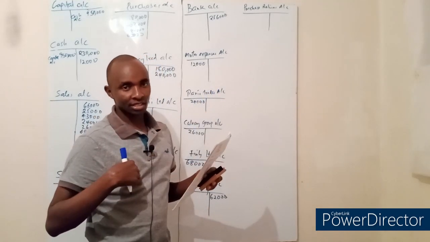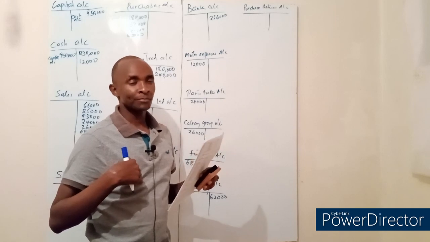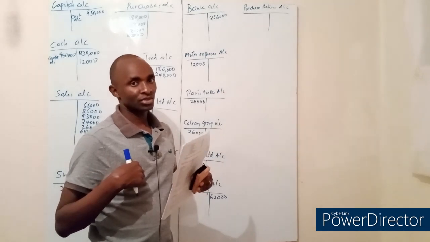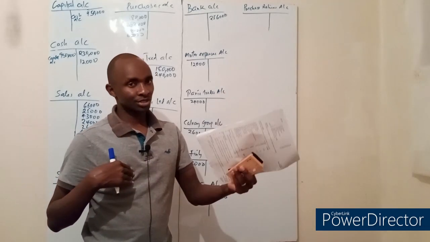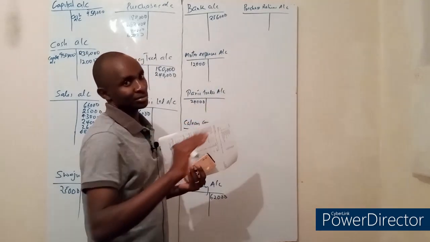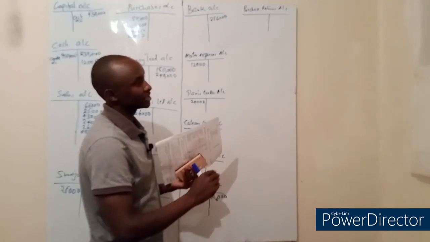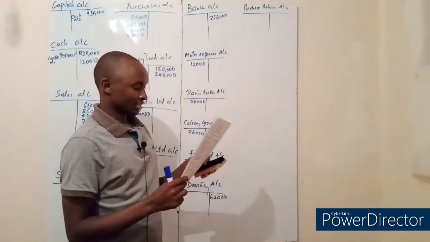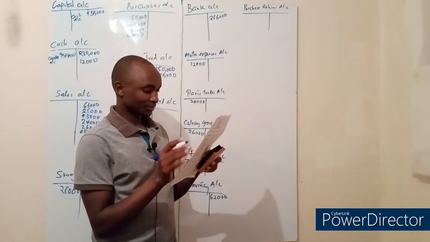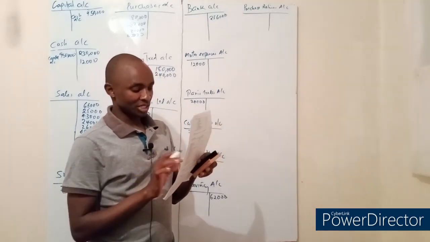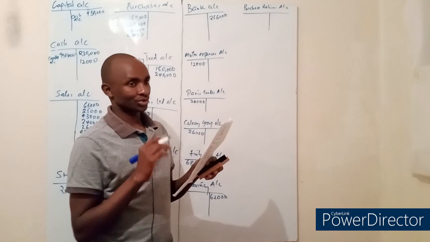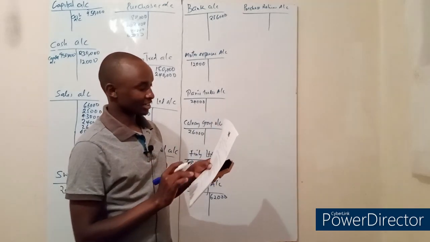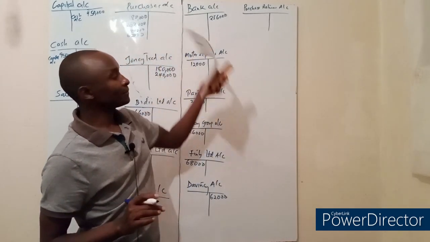We purchased some goods and services, and then we are returning them, maybe due to reasons that we know well, returning them out of the business. So that is why they are known as purchases returns, or return outwards. In our case, we are returning to Johnson Traders, meaning that the Johnson Traders account is going to be debited, while our purchase returns account is going to be credited.